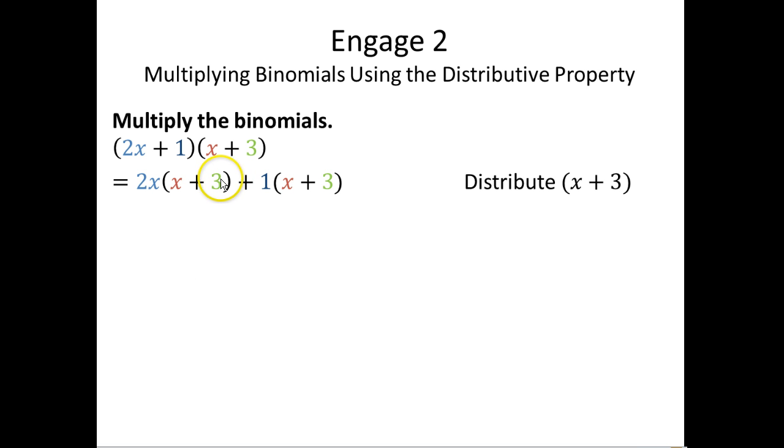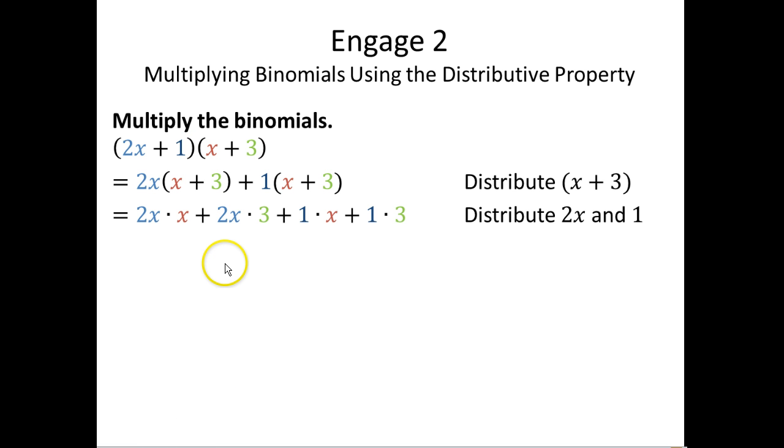And I do the exact same thing, x plus 3 times 1. So I basically take the entire binomial again, and distribute it inside to the 1, which will ultimately result in this 1 times x plus 3. So I'm distributing the entire binomial inside to each of the terms in this binomial here.